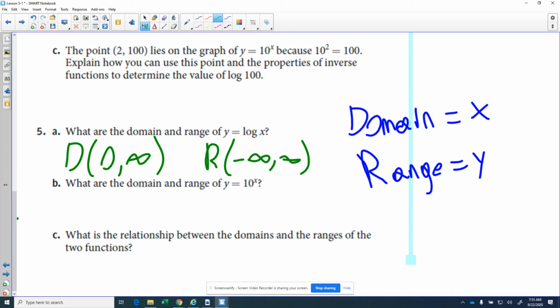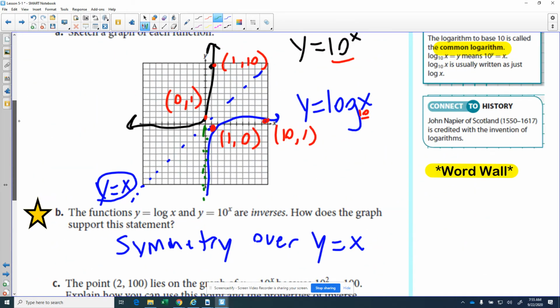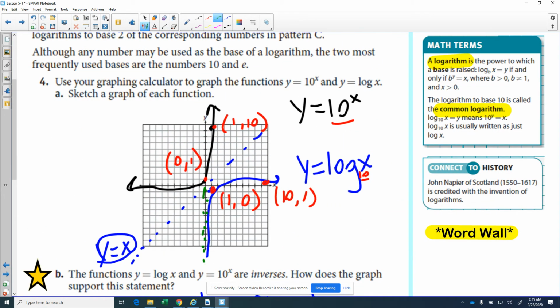Versus in the other equation, they're asking what is the domain and range of y equals 10 to the x? Well, here's the next thing we got to think about. Even though I drew this graph poorly, this line should never cross this axis here. Because if you think about it, if you were to plug a negative exponent into this value, it's going to become not a negative number, but instead a very low decimal.